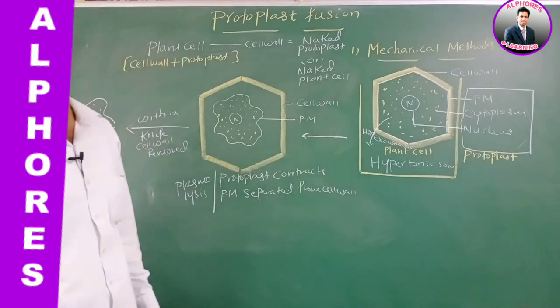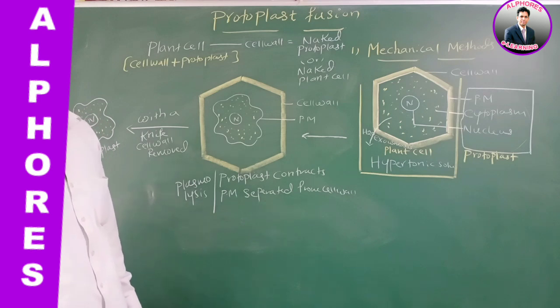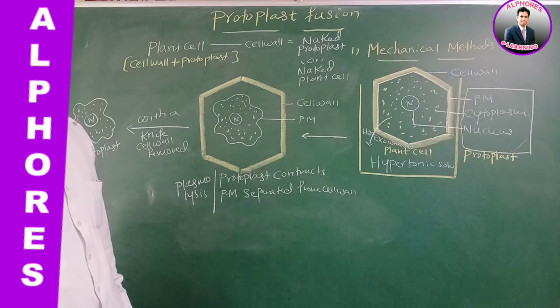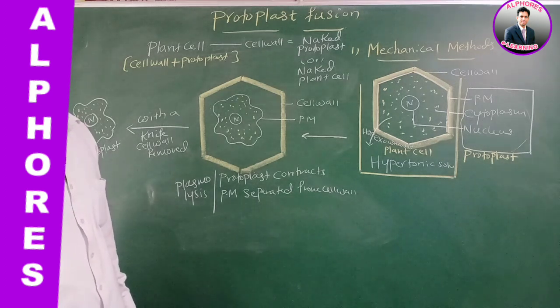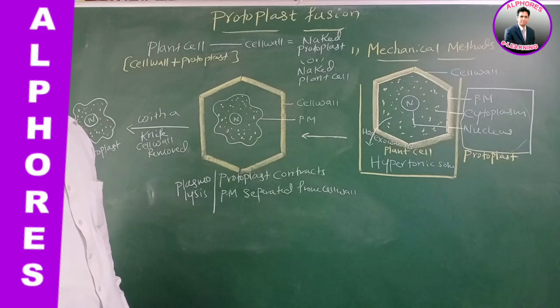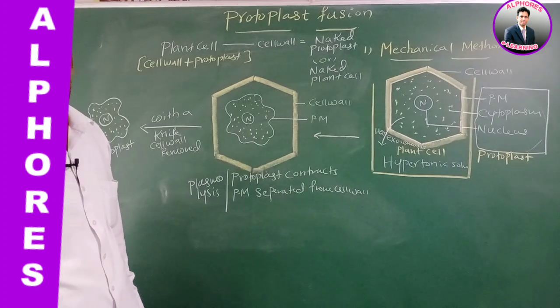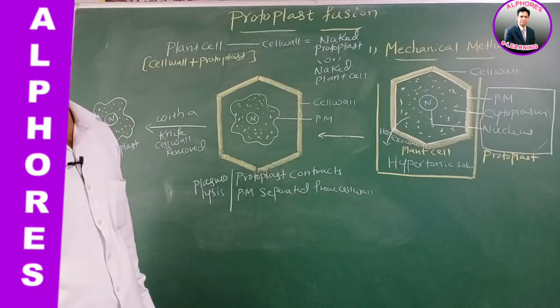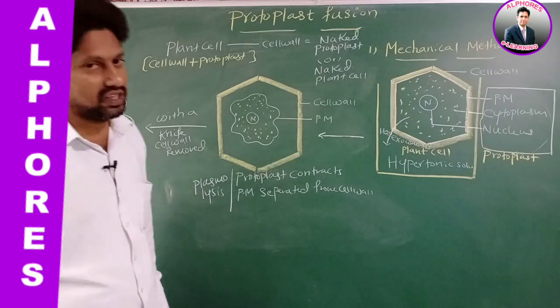Flower is naked if perianth lobes are absent. Yes or no? Ovules are naked if ovary wall is absent. Seeds are naked if fruit wall is absent. Is it okay? Bulb is naked if tunic is absent. These statements we read in first year.